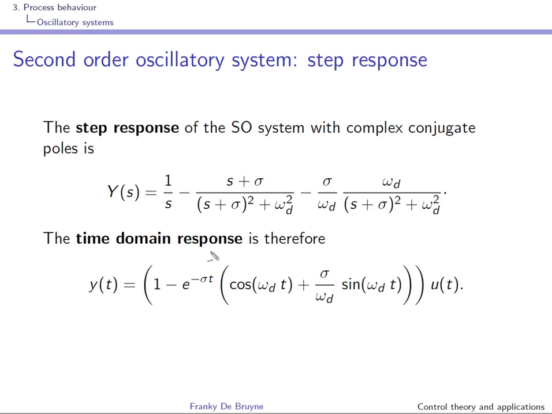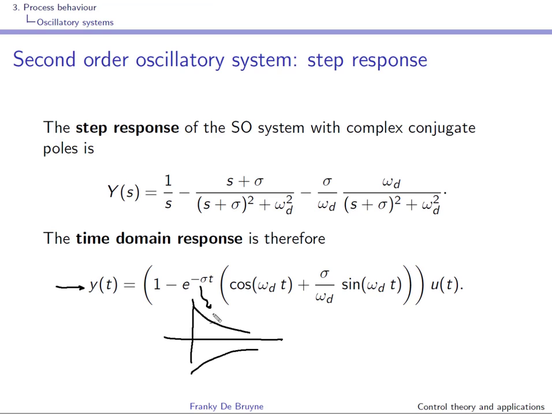So here is the time domain response, and as we had anticipated, you can clearly see here the cosine at the damped frequency that is damped by this exponential of minus sigma t, right? And you have a second term with a sine at this same damped frequency and also damped by this same exponential. So you'll have something that will be creating this envelope, right?